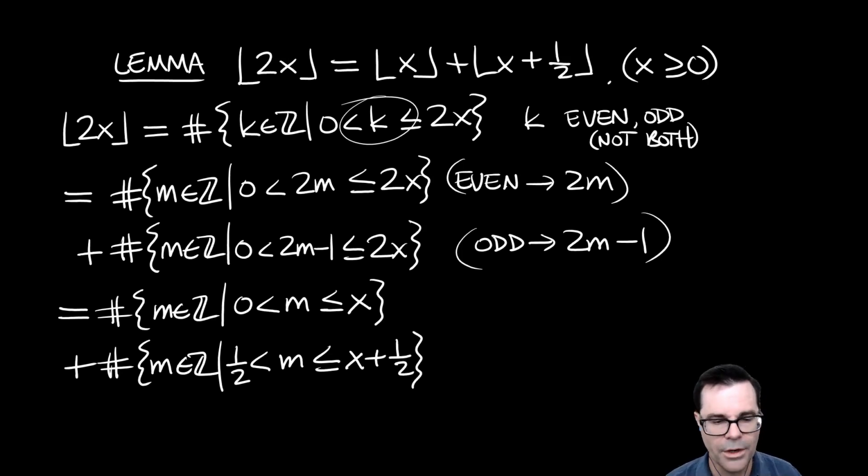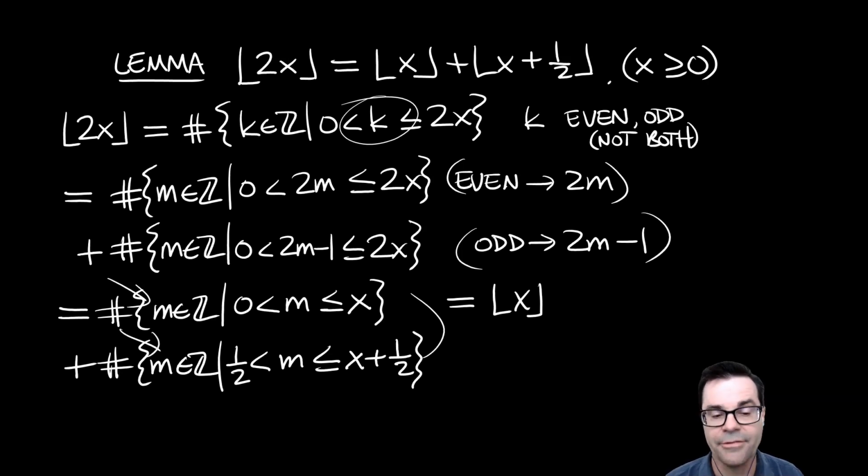Now, what are these two things? Well, if I put these together, this first term right here is just saying count how many positive integers there are up to and including x. And by definition, that's the floor of x. But the second term is also saying count the number of positive integers up to and including x plus 1/2. Now you might say, well, wait a second, it's m bigger than 1/2.